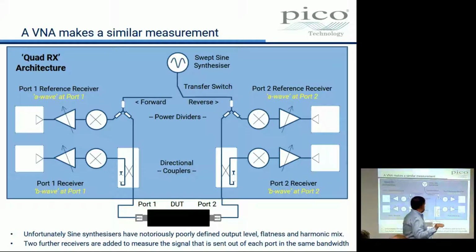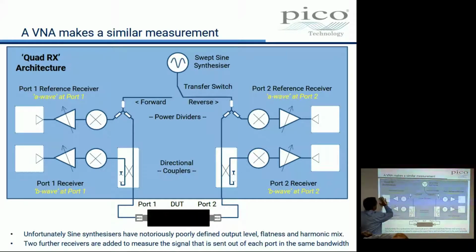So we're going to introduce further receivers. When the switch is over here, we're going to split the signal, divide it into 2. We're going to pass that to the DUT, and we're going to measure it here. So the accuracy is going to come from this receiver here measuring the signal that is going out.